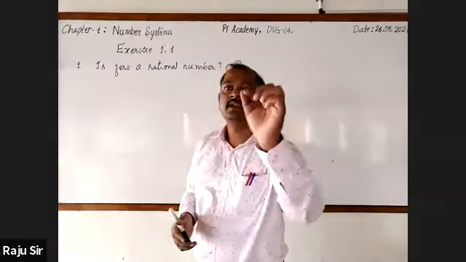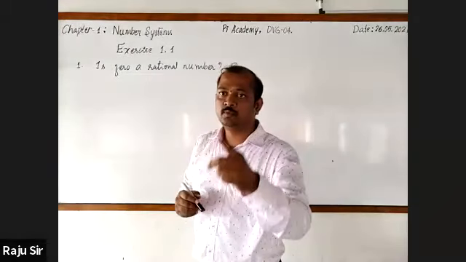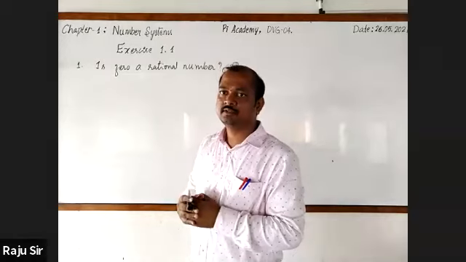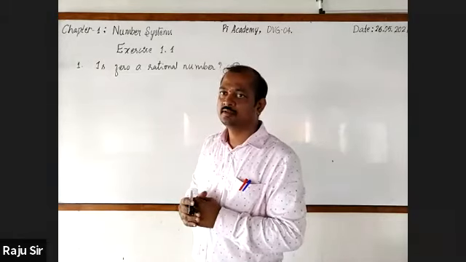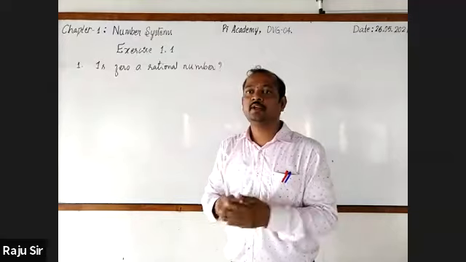It starts with a helping verb or auxiliary verb, is. Then what should be the answer? Yes or no. Zero is a rational number. Yes, it is a rational number.